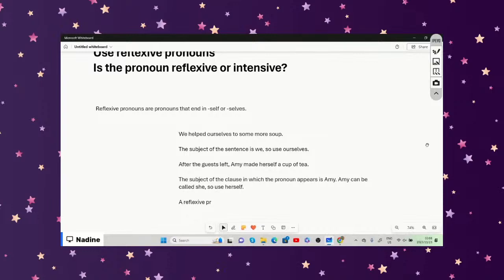When we use selves, we are referring to it being plural: themselves, ourselves, because that refers to more than one person.